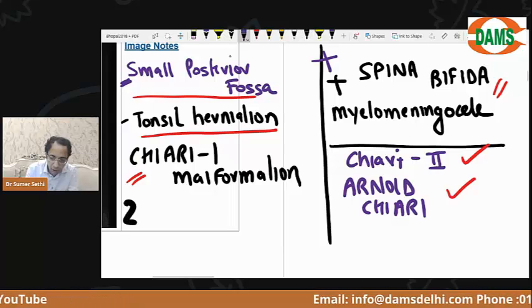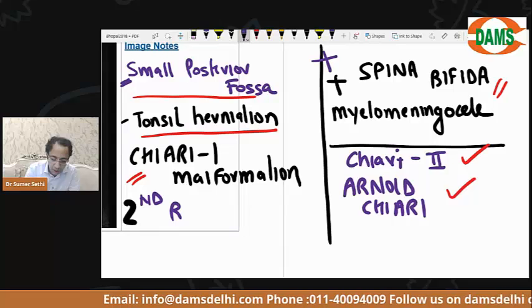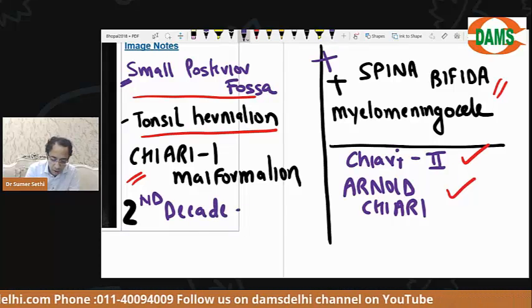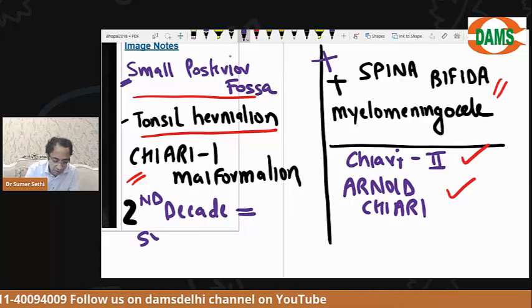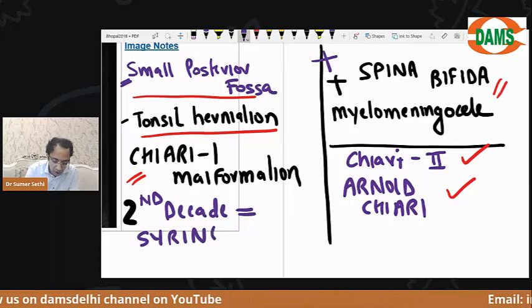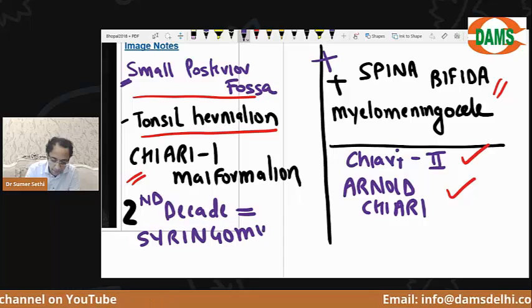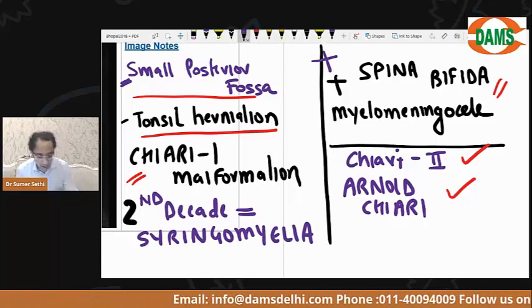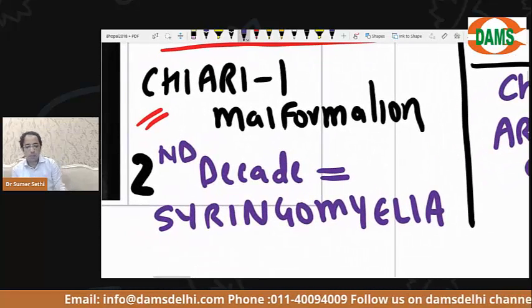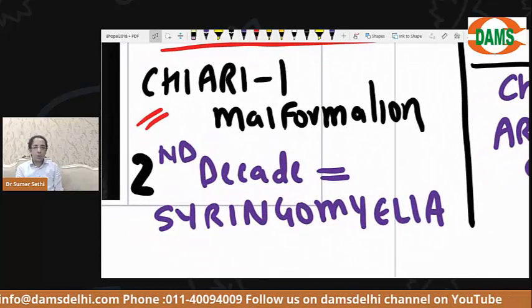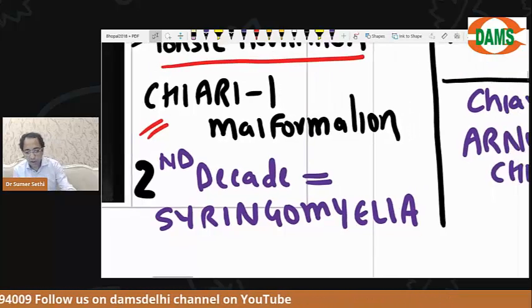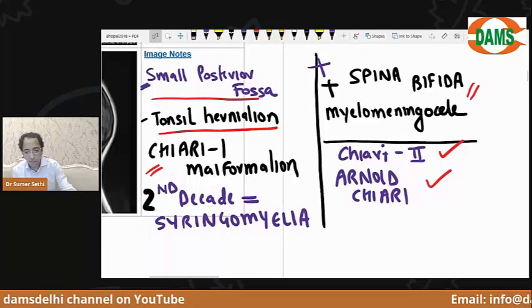Chiari type 1 is usually diagnosed in the second decade of life because of development of syringomyelia. Everybody clear? Chiari type 1 is not diagnosed at birth. It is diagnosed in the second decade of life due to development of syringomyelia.